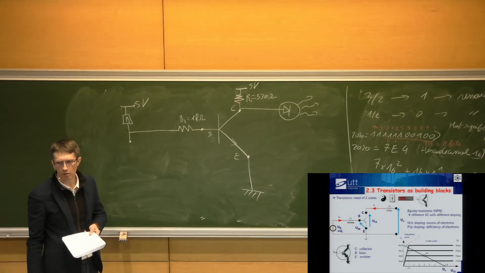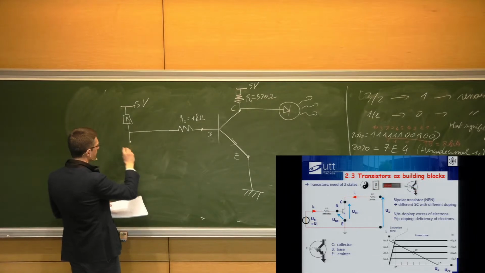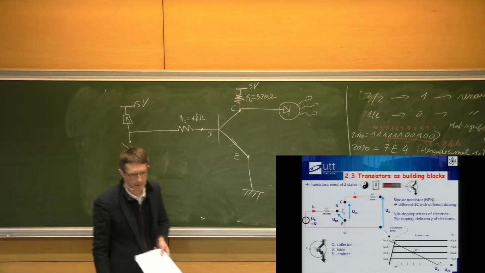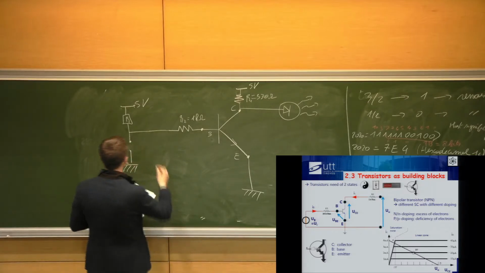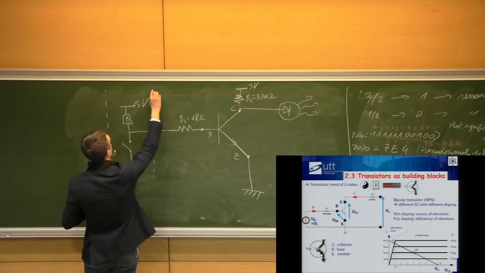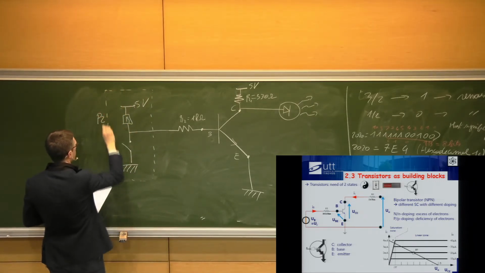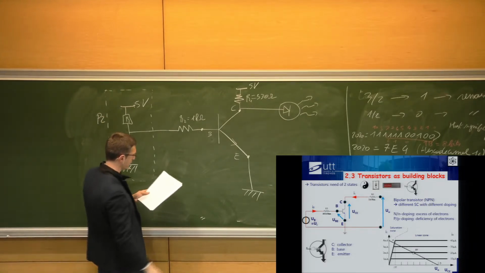Interrupter is interrupteur in French. There's a switch that we can flip on and off, and that will change the state of the transistor. This is inside the box, and the switch is called P2 on this box.